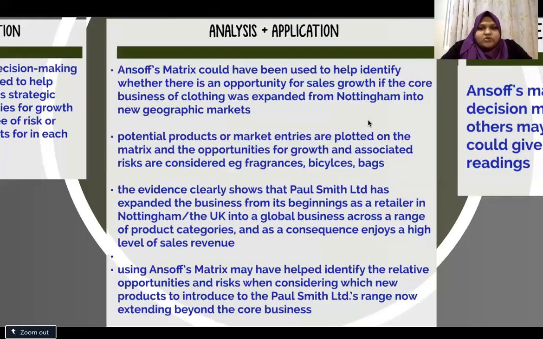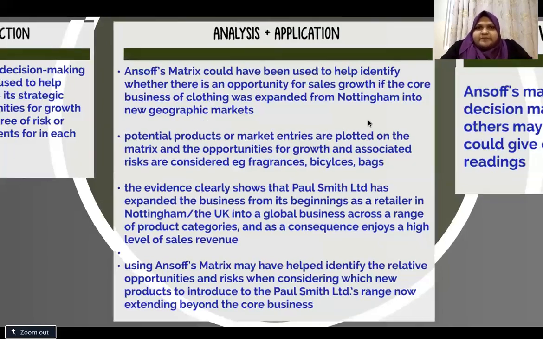And the case study also talks about how successful his business is. So using the Ansoff matrix may have helped identify the relative opportunities and risk when considering which new products to introduce to the Paul Smith Limited range, which now extends beyond the core business. So he has started slowly entering into new markets, coming up with new products, and then also going beyond what he was planning initially.